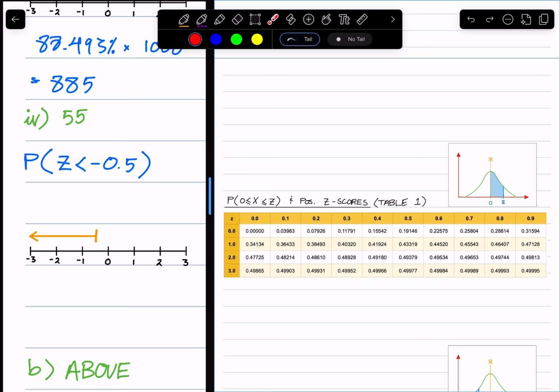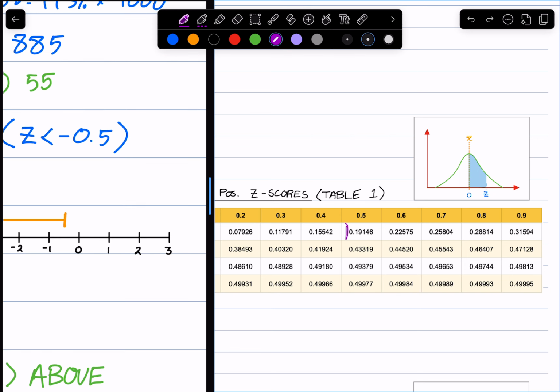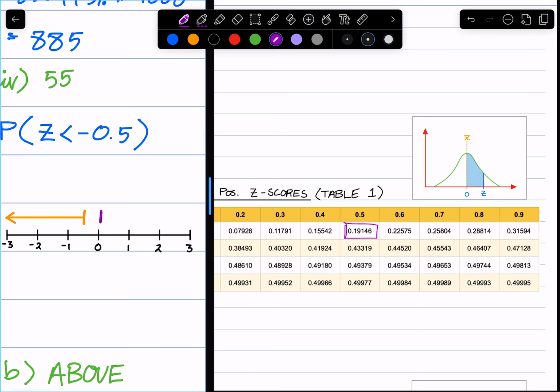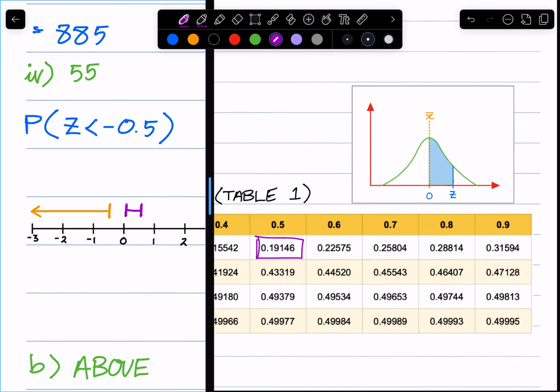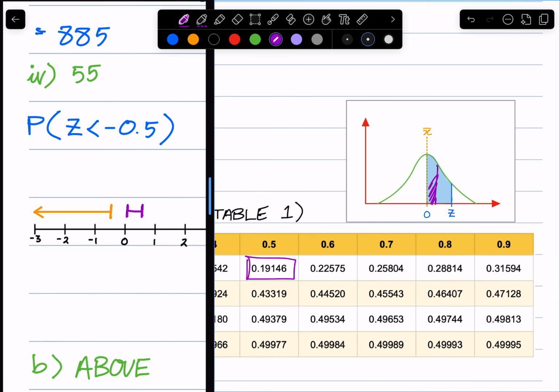Okay, so now let's think about what this is calculating. Let's do this in purple. Positive 0.5 is from here up until halfway. But because of the symmetry, that's only up to here. But what we really want is everything from here to the left.